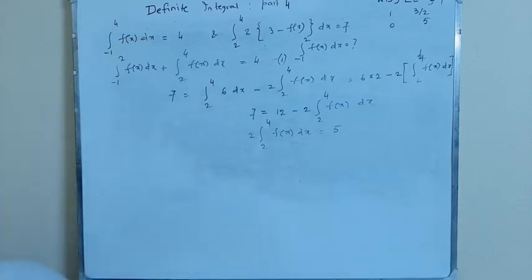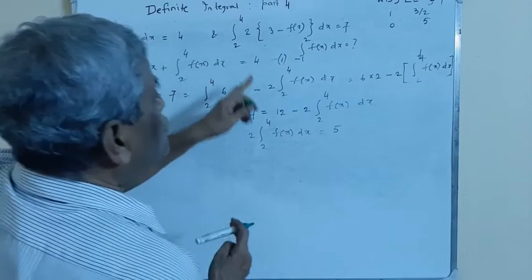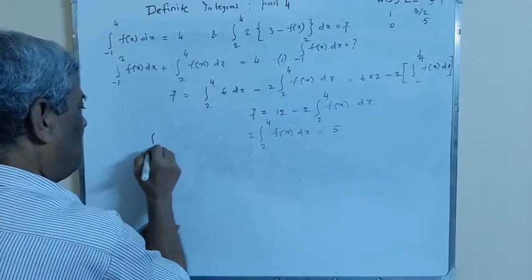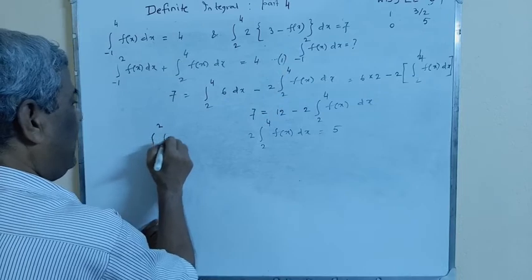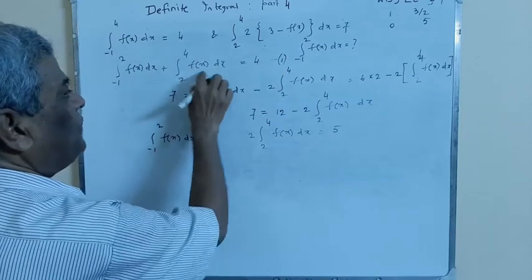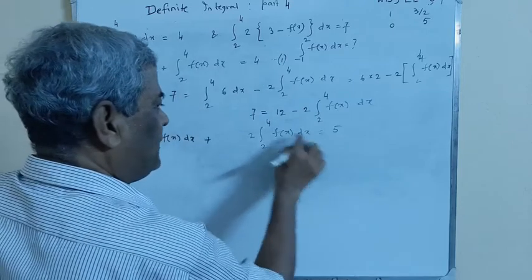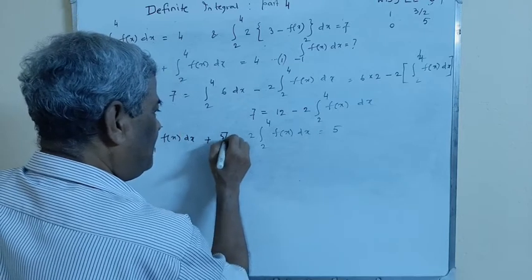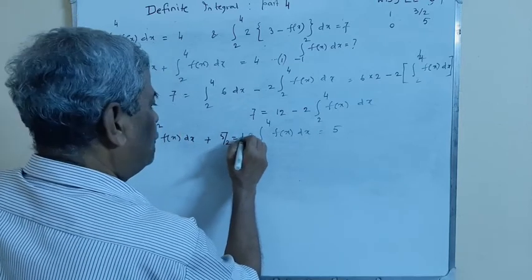Then we get the integral from -1 to 2 of f(x) dx plus 5 by 2 is equal to 4.